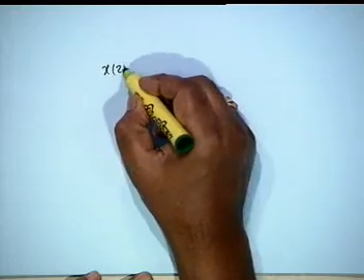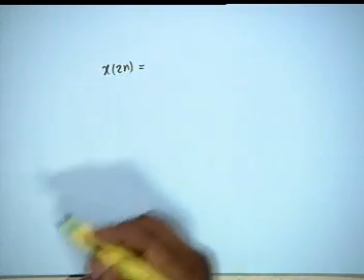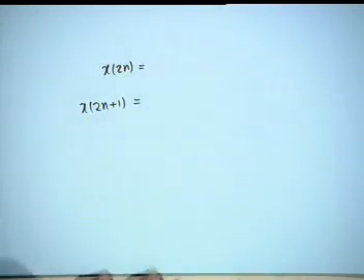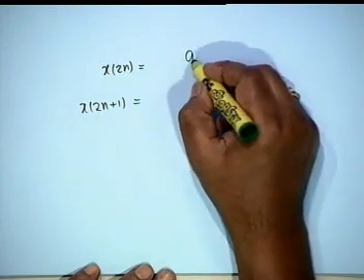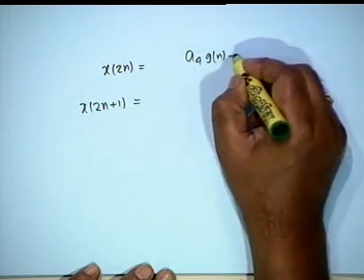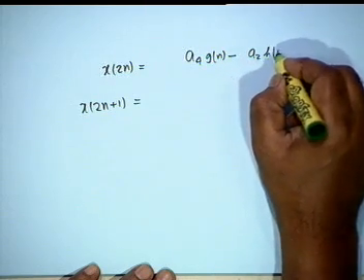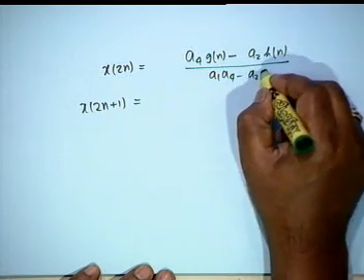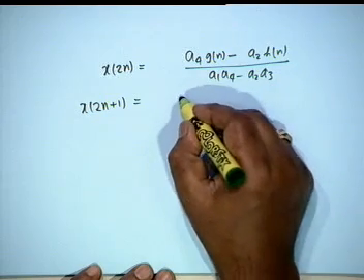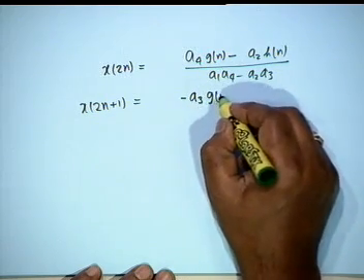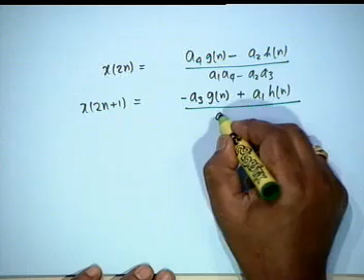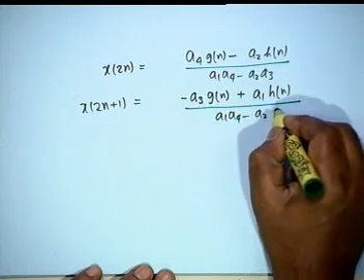The solutions for x of 2n and x of 2n plus 1 from these 2 derived sequences, if I solve the 2 linear equations, that becomes A4 g of n minus A2 h of n divided by A1 A4 minus A2 A3, and minus A3 g of n plus A1 h of n divided by A1 A4 minus A2 A3.